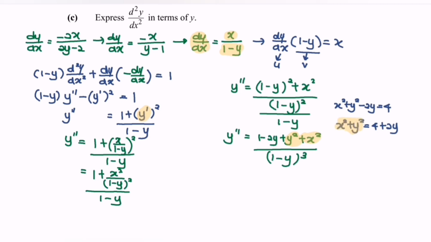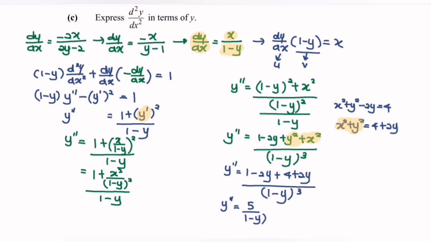So we substitute: y double prime equals (1 minus 2y plus 4 plus 2y) over (1 minus y) to the power of 3. Simplifying, we have 5 over (1 minus y) to the power of 3.